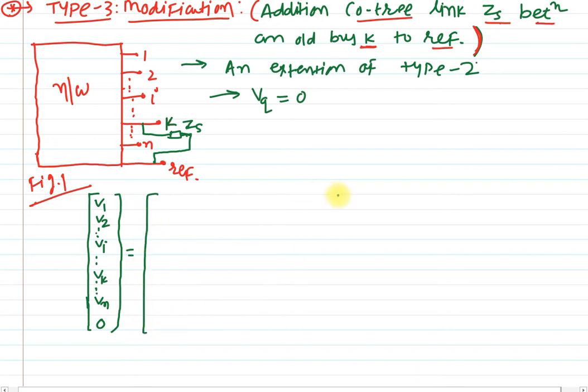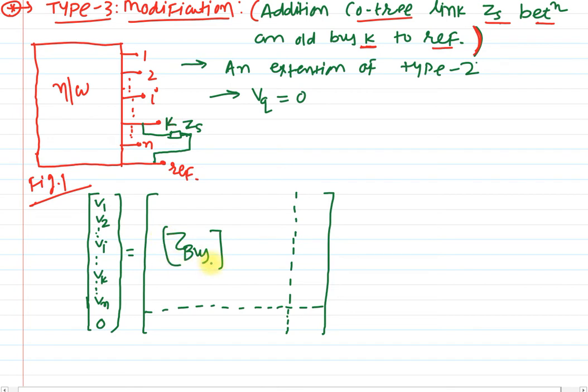Now I will write that equation number 8 again, which we have derived in type 2 modification. So this is your Z bus old, here Z1K, Z2K, ZIK, ZKK and ZNK.